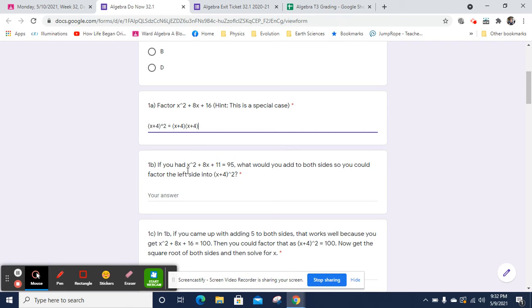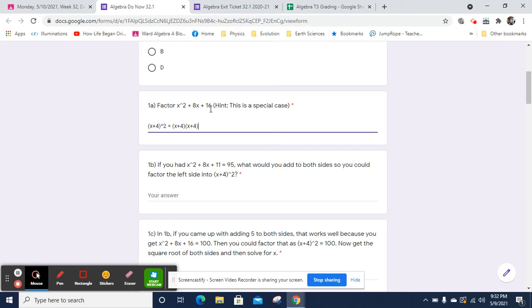All right, now we're going to consider a variation on this equation. It's got an x squared and an 8x again, but now it's plus 11 equals 95. What we want to figure out is what we would add to both sides of this equation so that the left side could be factored into x plus 4 squared, just like on the last question.